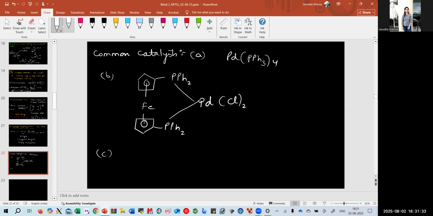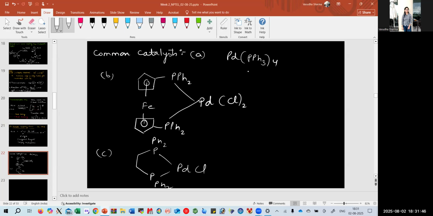And the other one, phosphine, is a neutral ligand, as it is only giving the lone pair here. So palladium is getting charged from chloride only. So these are the common catalysts that we use.